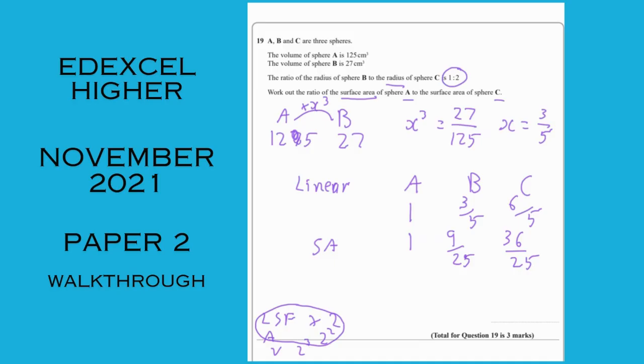So if we link A and C as we're asked to, when A is worth 1, C is worth 36/25, which is acceptable, but to make it look neater, times both sides by 25. And there we go. Hope that made sense. Bit of a doozy, that one.